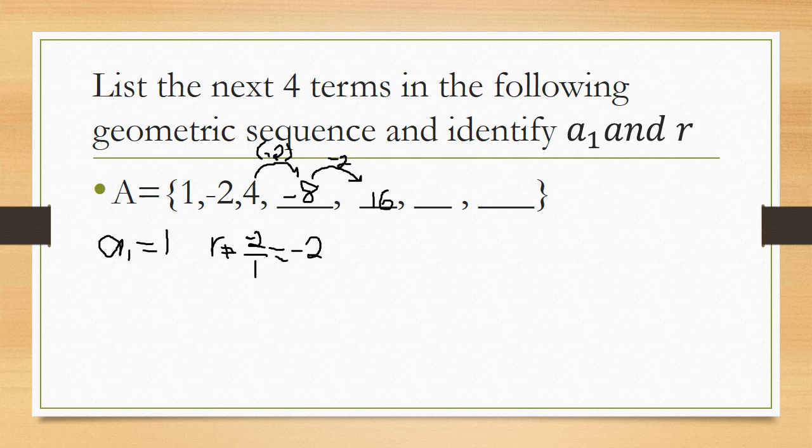To get the sixth term, I multiply by -2 again, and 16 times -2 is -32. To get the last term, we multiply by -2 again, and the answer is 64.